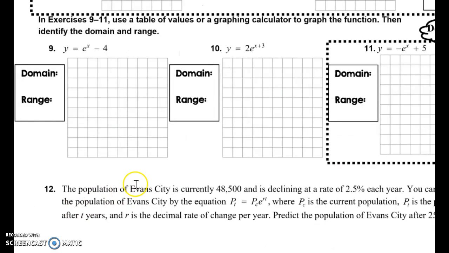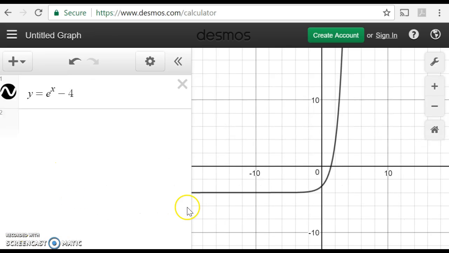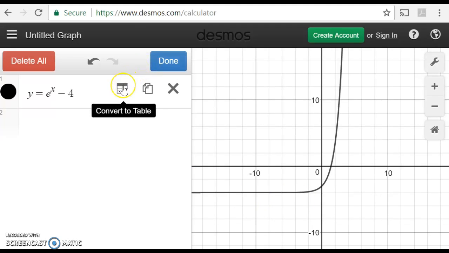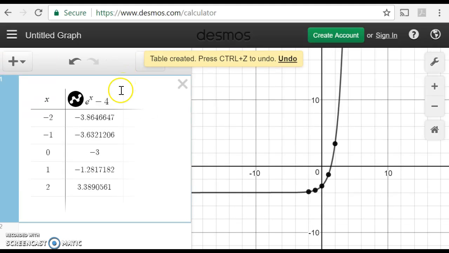For 9 through 11, we need to use the table values or graphing calculator to graph the function, then identify the domain and range. So let's go to Desmos. This is what your graph should look like. If you want to see the table values, you can go to Edit List and click Convert to Table.